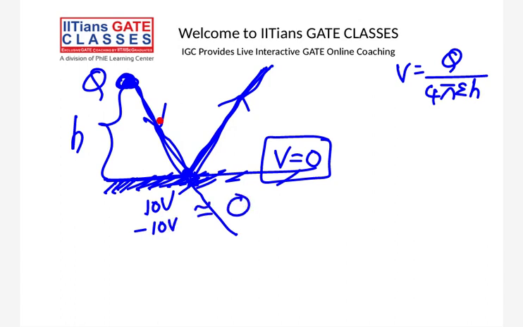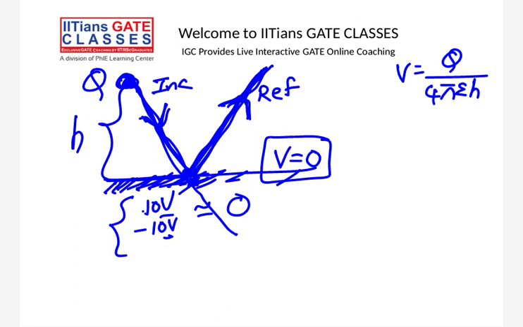Because the incident and reflected electric fields are equal in magnitude, the potential also remains the same. It is 10 volts due to the incident field and another 10 volts due to the reflected field, and you can see the direction is exactly opposite. That is the reason why one is plus 10 volts and the other is minus 10 volts. So the ground maintains its potential because of both incident and reflected fields.